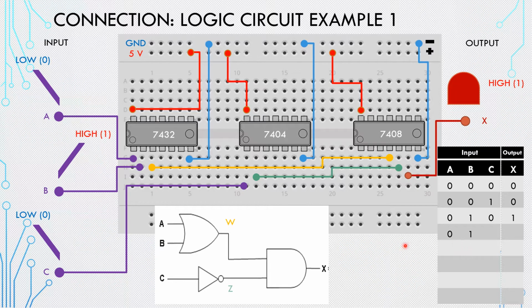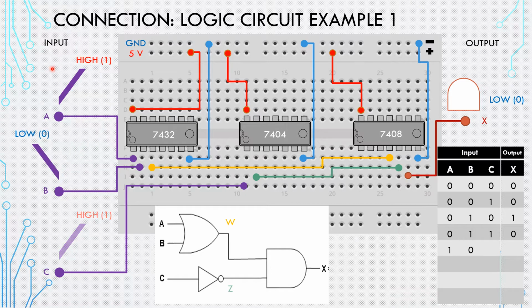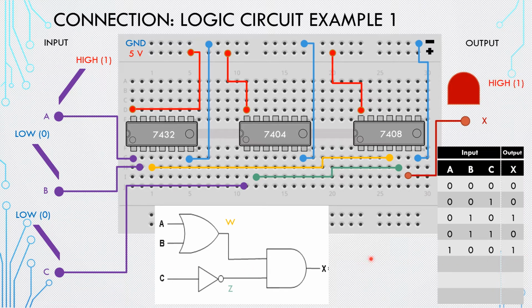Now go for the next row, 0, 1, this is 1, and this is what we have. Then I make this 1, 0, 0. Let's see what happens in this case. We're gonna see that it gives me 1 in practice.